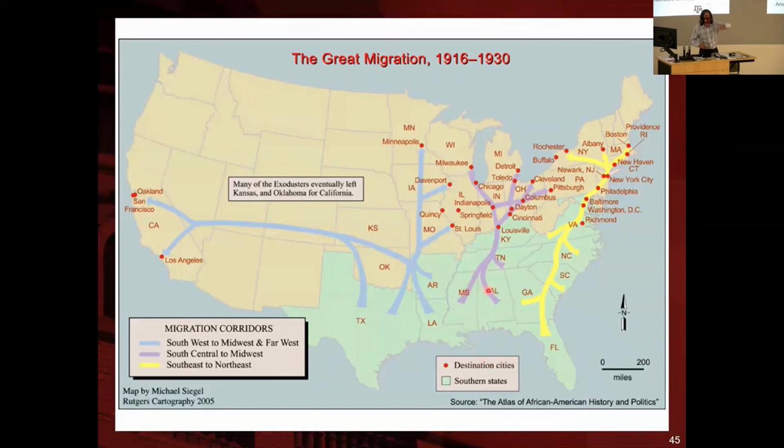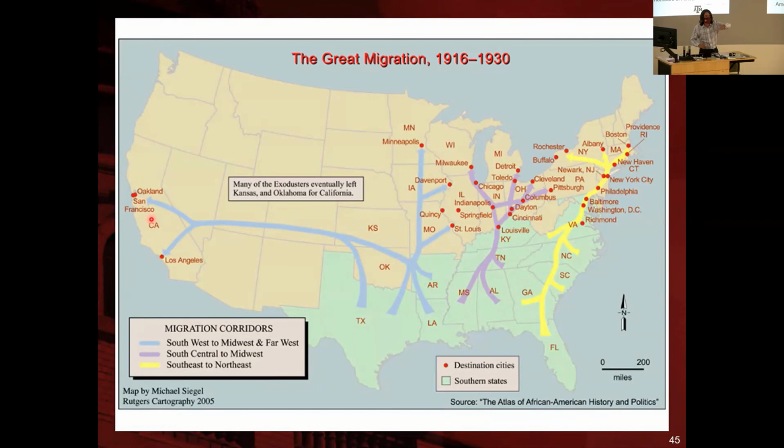From South Central to Midwest, and from Southwest to Midwest, and also to Far West, right? So just to show you that this migration happened between several states in the country.